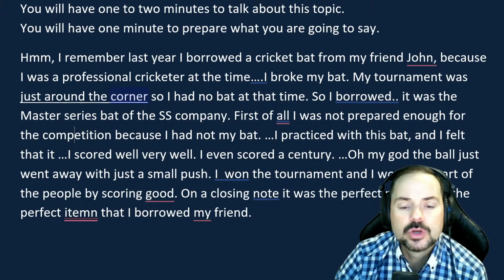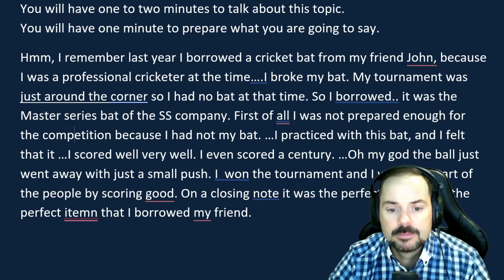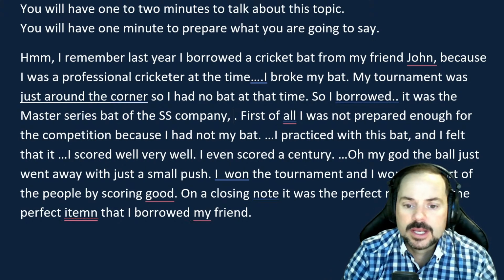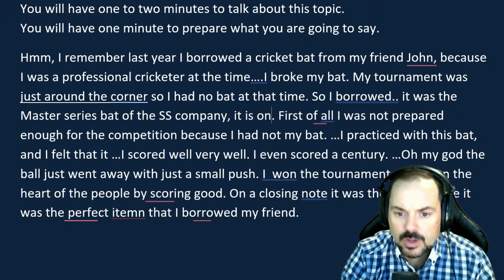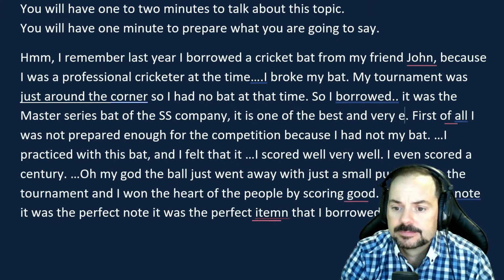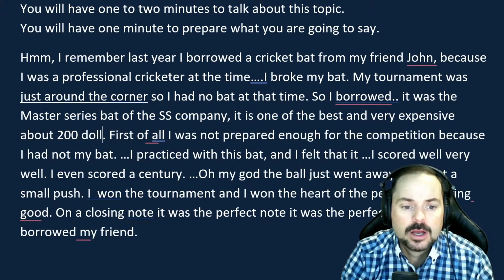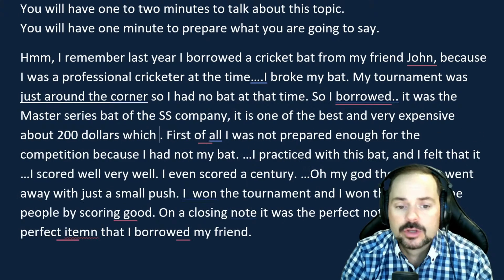Yeah. Okay, sure. So that's what you need to tell me. Those are the kinds of details. So it was a Master Series bat of the SS Company. It is one of the best and very expensive, about $200, which I couldn't afford at the time.